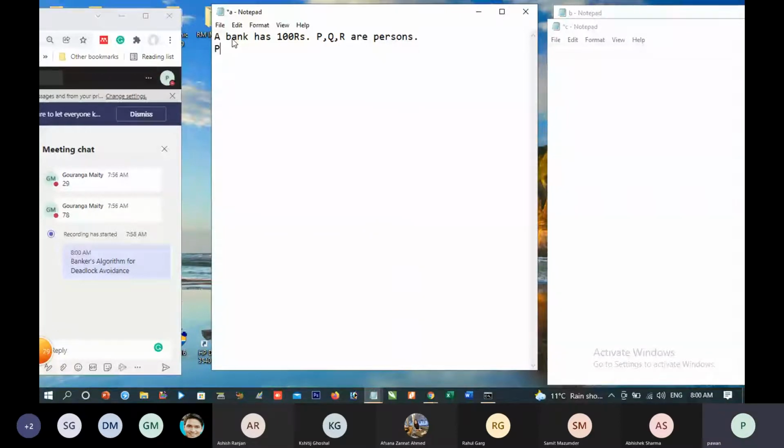P asks, P has a need of 60. Q has a need of 75.